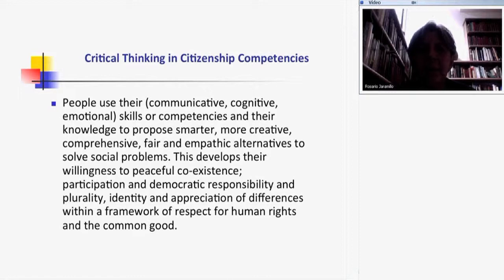Notice the willingness to peaceful coexistence, for participation and democratic responsibility, and for plurality, identity, and appreciation of differences within the framework of respect for human rights and the common good. You can find the citizenship competencies developed in Colombia at the Ministry of Education platform of Colombia.